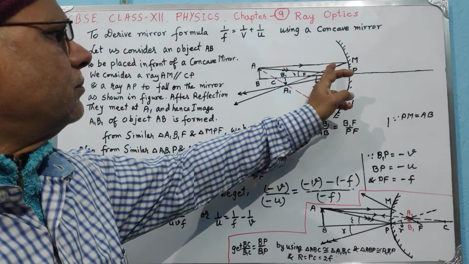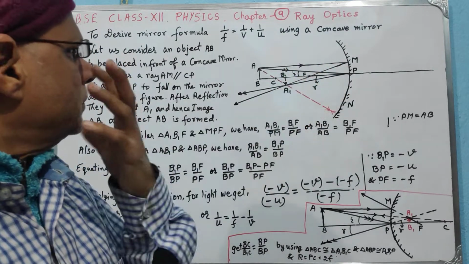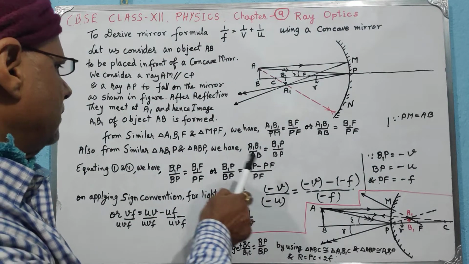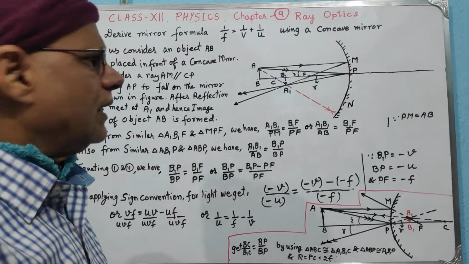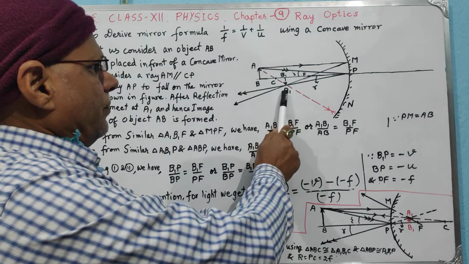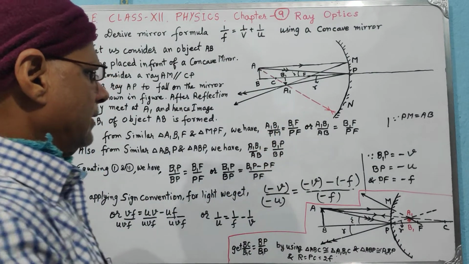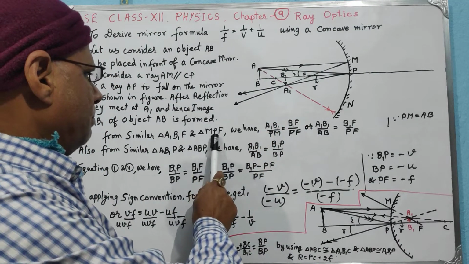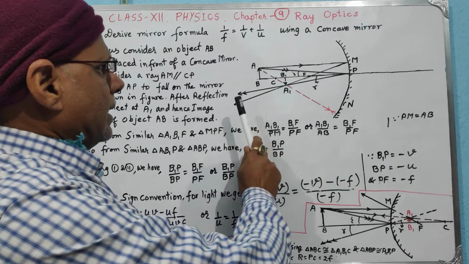So now we consider the two triangles which are similar. One triangle is A1B1F and another triangle is MPF.